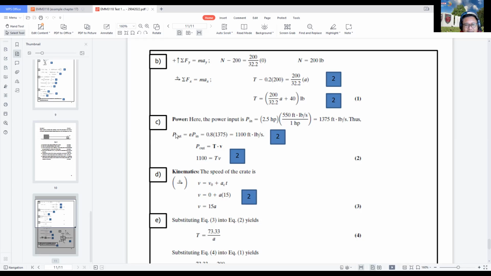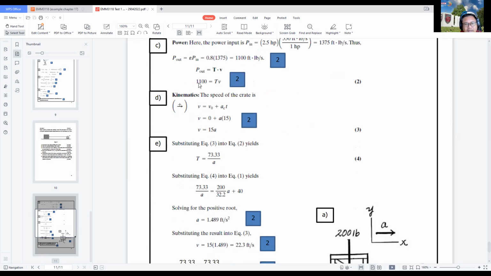Then you can calculate the power output. Just multiply the power input by the efficiency, which is 0.8. Then you get the power output equal to 1,100 foot-pound per second, and that is equal to T times v.